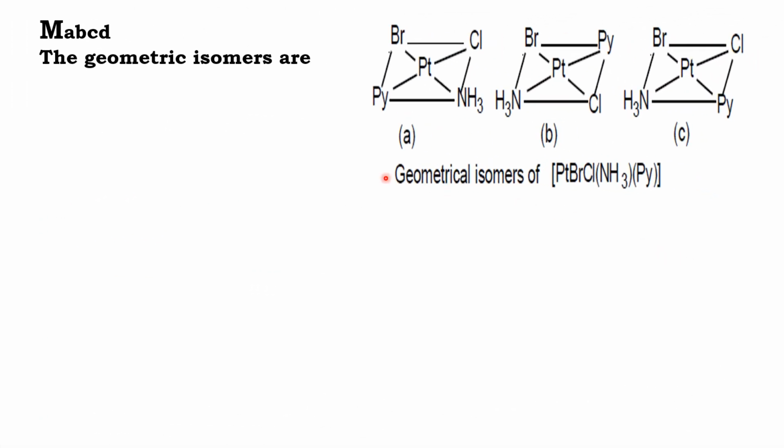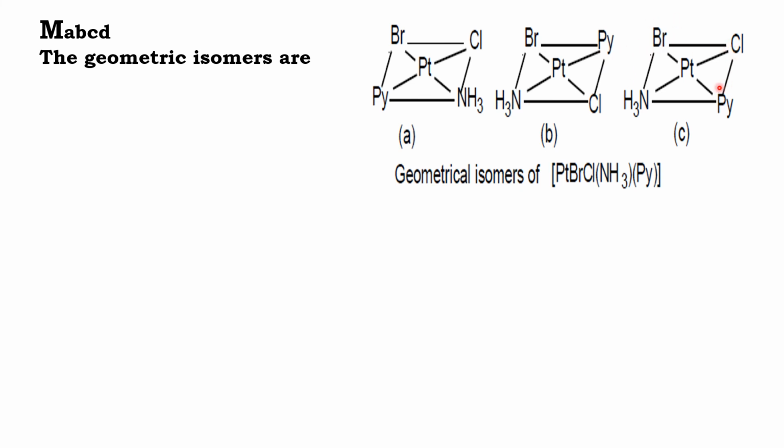Now take the second case, that is the MABCD molecule. In MABCD, three geometrical isomers are possible. See here, these four ligands are different. So I place bromine here as constant and change the three other ligands.